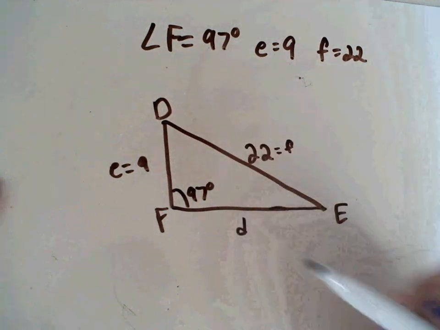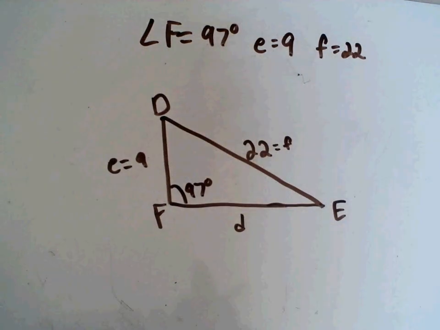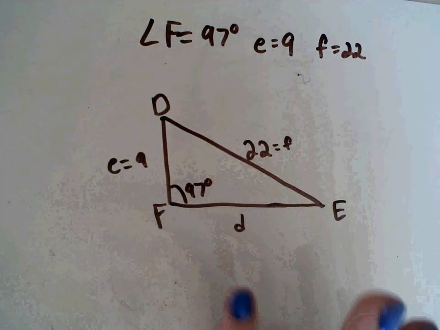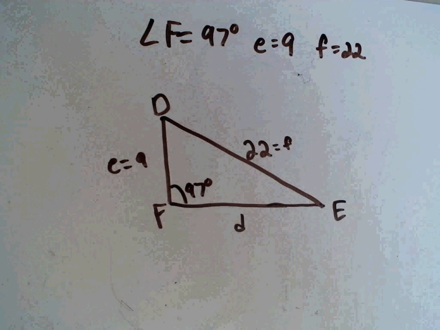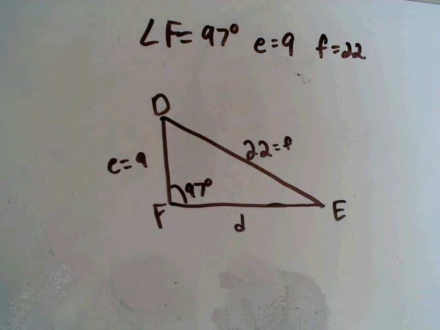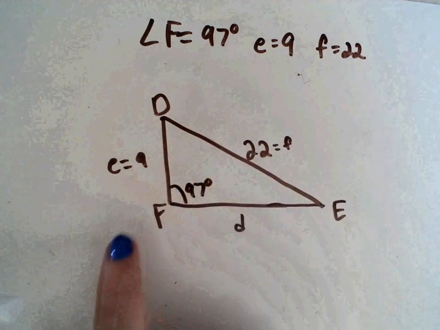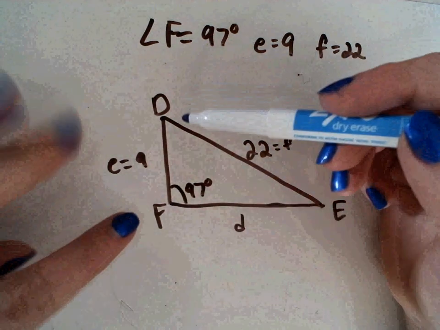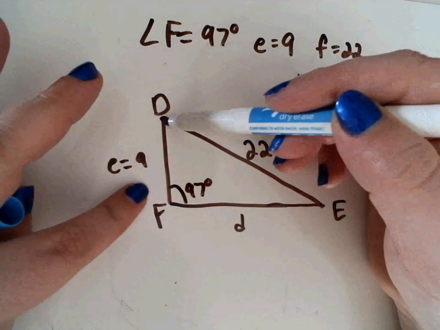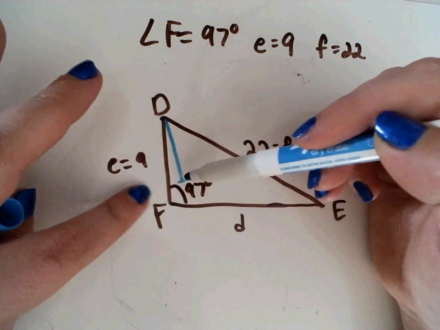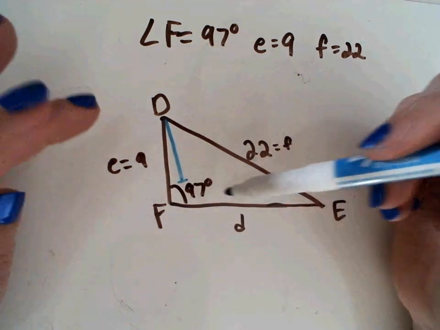And it says FDE, so that's going to be angle D and side D. Whenever the angle is obtuse, I don't have to worry about my two different situations as far as the triangle goes, because it can only swing out past this. Now, what if I had said this is 97, this is 9, and then this is 8?